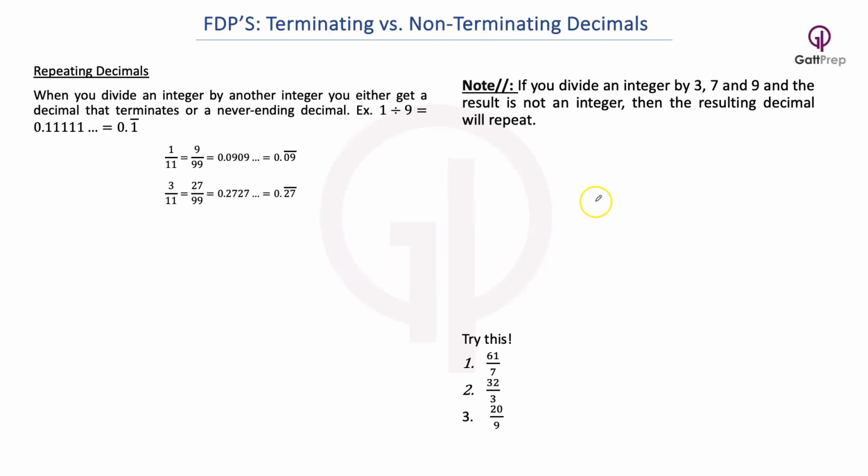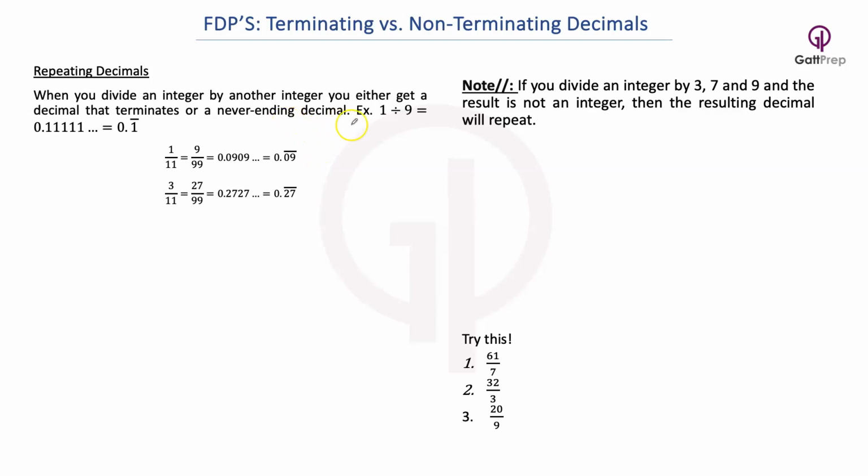Now we'll take a look at terminating versus non-terminating decimals and fractions, decimals, and percents. Now dividing an integer by another integer could yield a decimal that either terminates or that never ends and repeats itself.